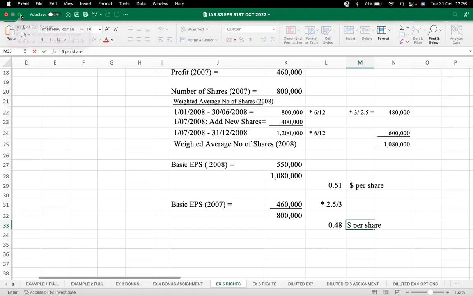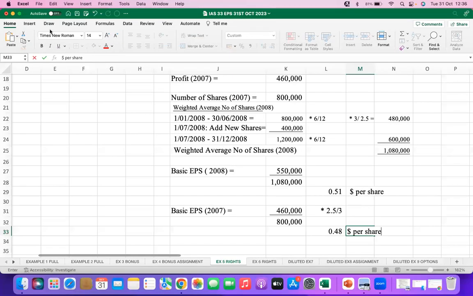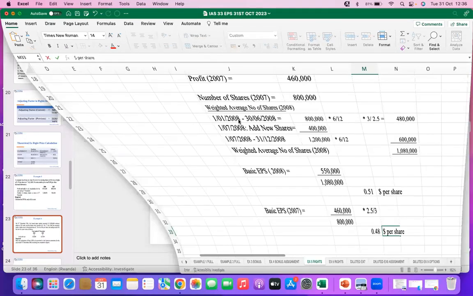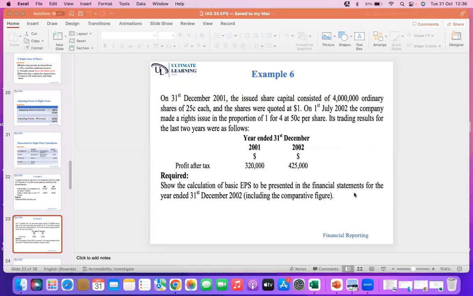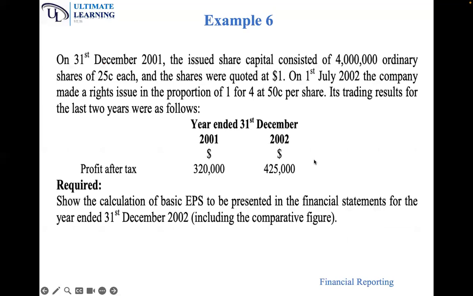In summary, what have we looked at in basic EPS? We have said in basic EPS, the formula is weighted average profit attributable to ordinary shares divided by the weighted average number of shares. And then we have said basic EPS is affected by number 1, issue of shares at full market price, number 2, bonus issue of shares, and number 3, rights issue of shares.